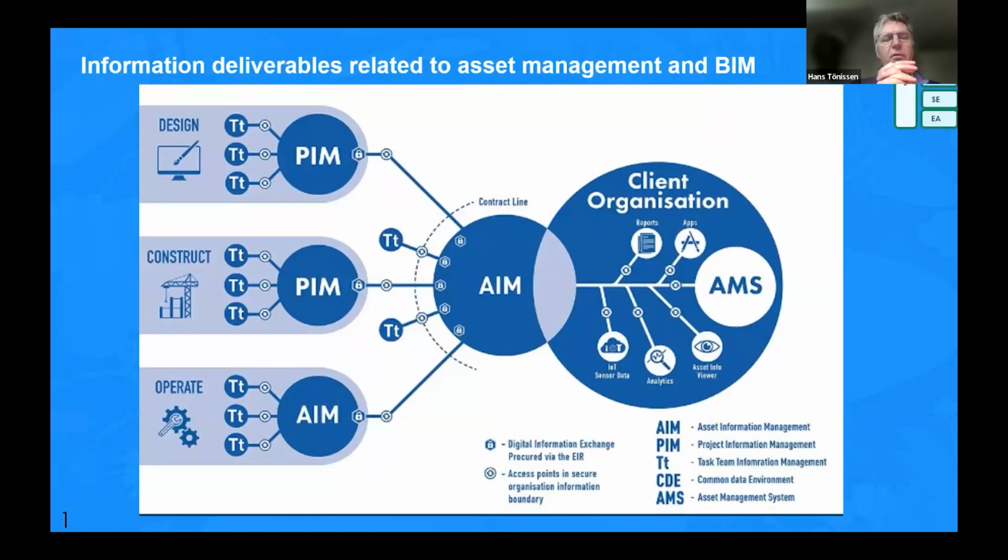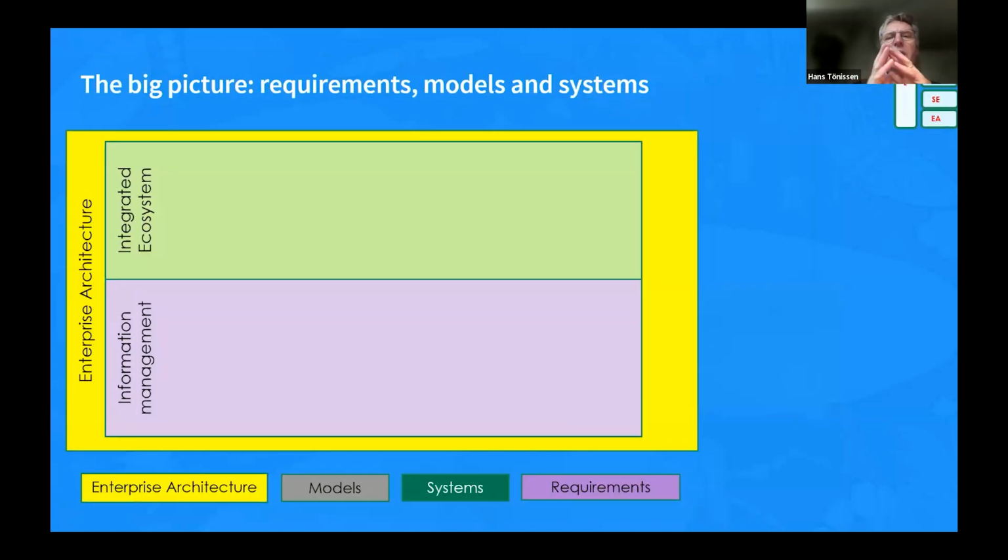And for operations, you can then use, that's the operate AIM, you can use that, based on that asset information management. And if you look to the digital twin, you can almost say it's a top-off on that asset management system.